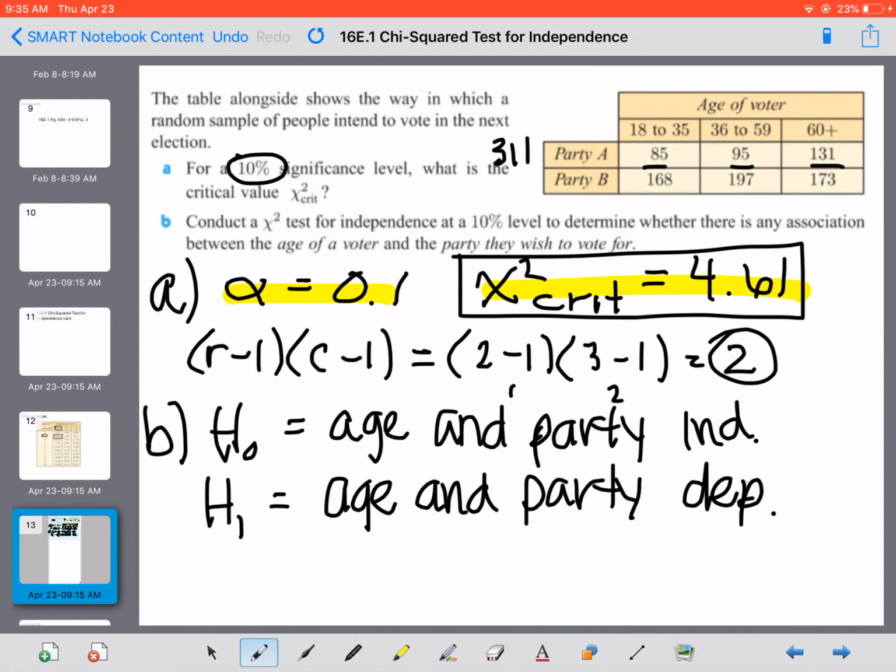When I add party B, I get a sum of 538. That gives me a total of 849 people. Now adding my column of 18 to 35, I have 253. 36 to 59 is 292 people. And then 60 plus is 304 people. That's important because that's how we're going to find our expected frequencies.